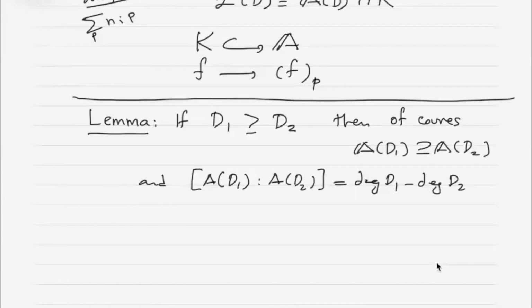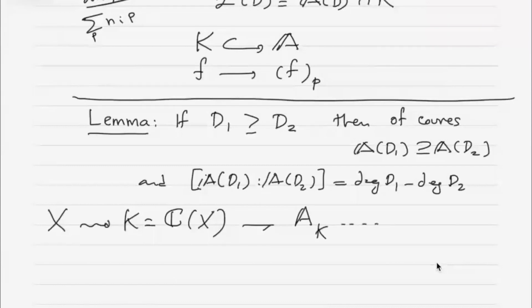So at this point, I am going to only discuss the case when the ground field is C, complex numbers, and we're working again with a Riemann surface. So we start with the Riemann surface X, we take K to be the field of meromorphic functions on this, and then we construct Adels from this, and then all the rest. But what I want to really emphasize is that the choice of C here is not really critical.